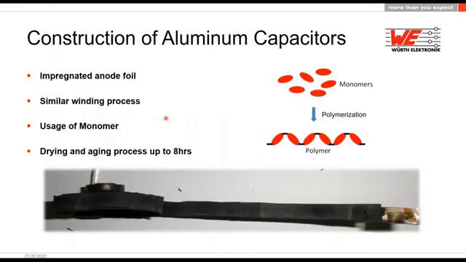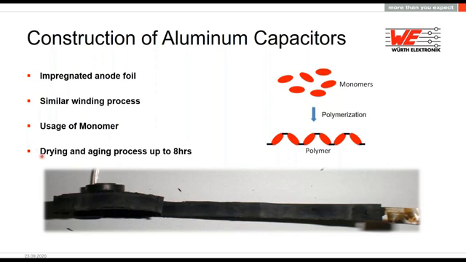For the polymer, we also have an impregnated anode foil. It's the same winding process as for the traditional electrolytic capacitor. We are using a monomer, and then with a heating process, the monomer gets polymerized to form a polymer chain, and this is a special heat treatment, an exothermic reaction.